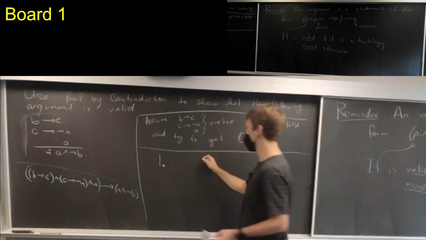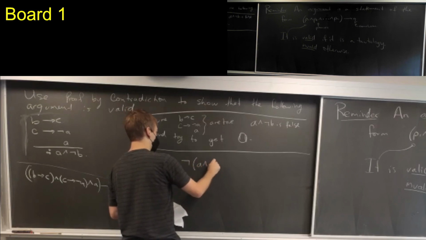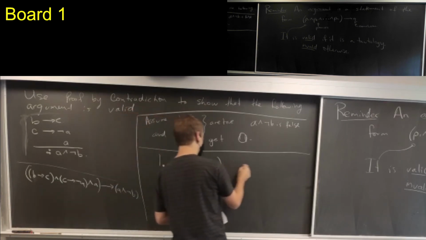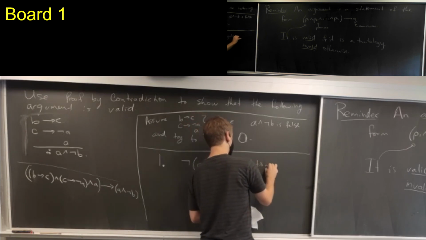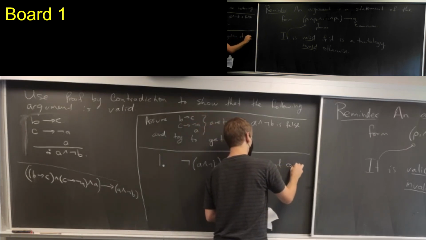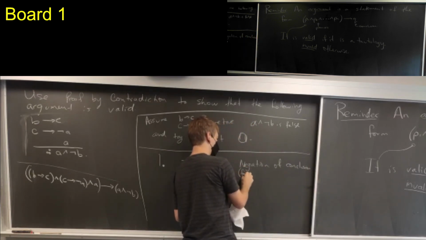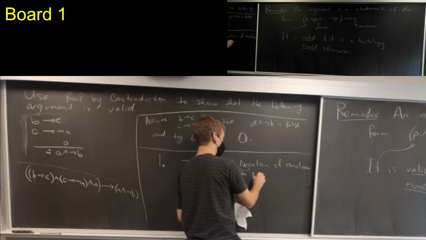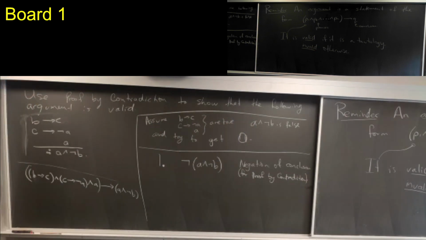Let's just write that we're assuming not A and not B, and our reason is that this is the negation of the conclusion, basically for proof by contradiction.